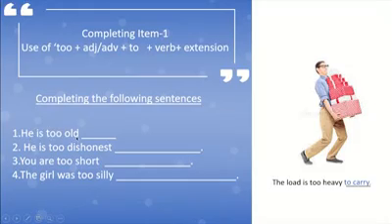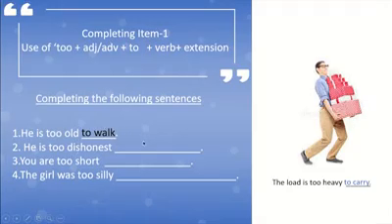Our first sentence is he is too old. Second sentence is he is too dishonest. Third sentence is you are too short. And fourth sentence is the girl was too silly. The answer of the first sentence is he is too old to work.